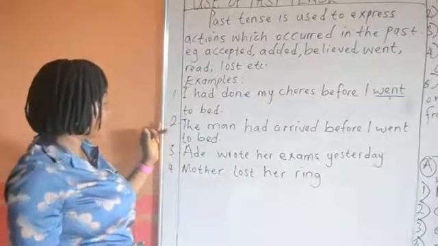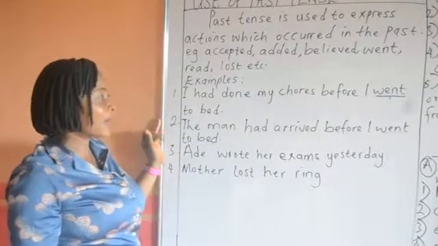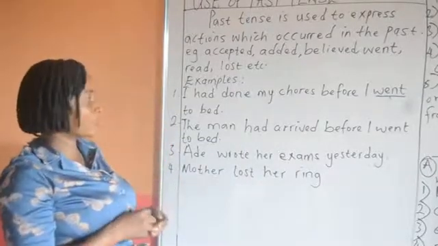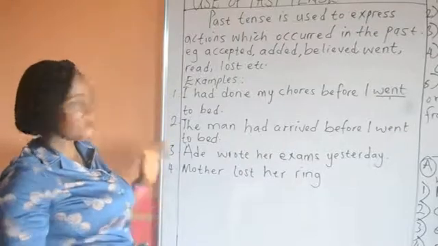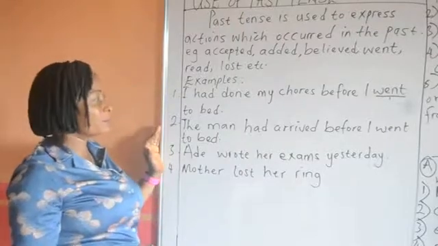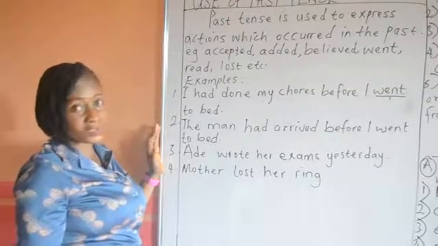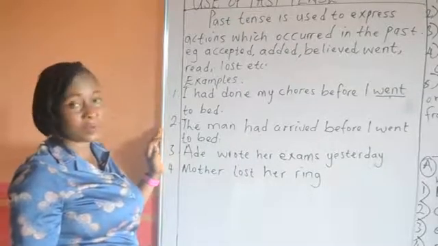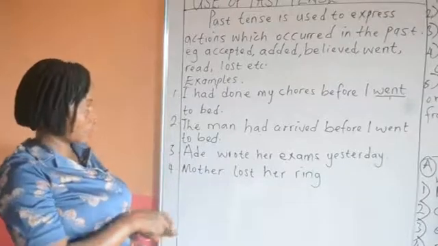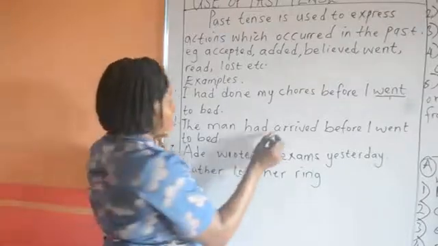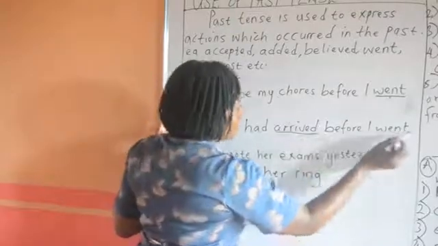Good. Number 2, the man had arrived before I went to bed. In this sentence, we also have more than one verb. We have the word arrived, and we have the word went.